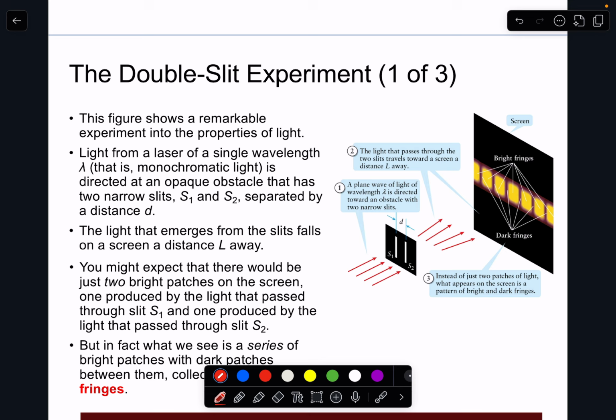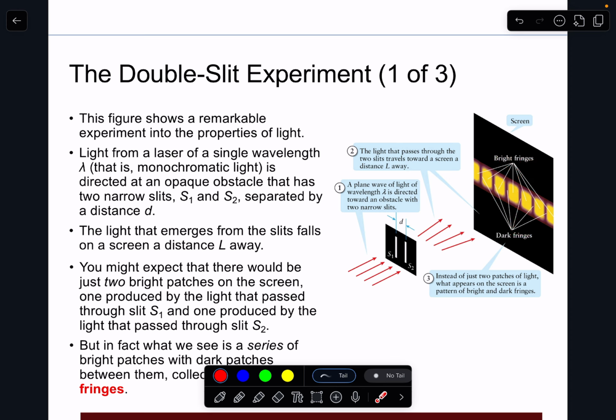And what you might expect to see is just two bars of light on the other side. But if those slits are small enough, separated by a distance d that's really, really small, similar to the wavelength, you actually get a totally different pattern. You don't just get two rectangles.